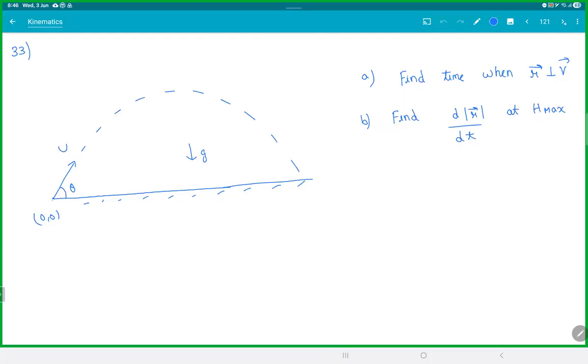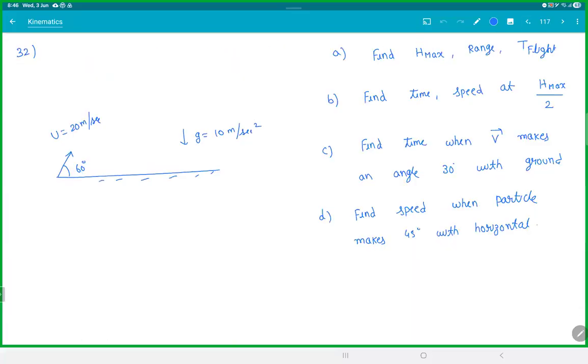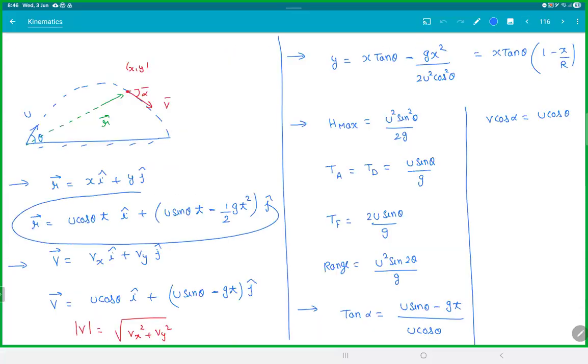Dot product is 0. That's the first thing that should click. And then you know how to find r bar and v bar. There, this is your r bar, this is your v bar.